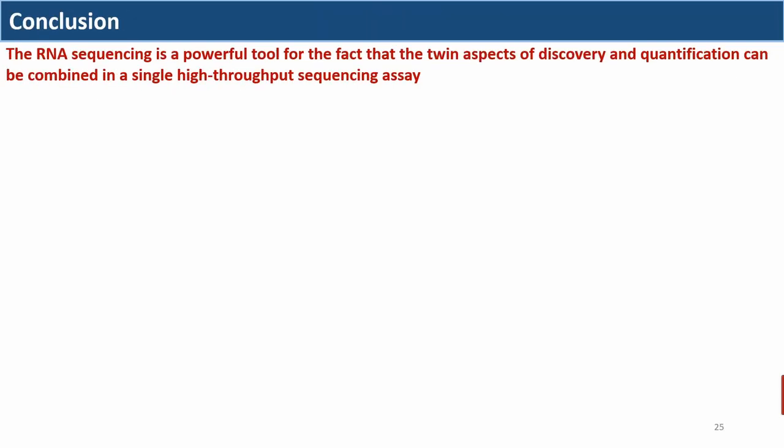To sum everything up, RNA sequencing is a powerful tool because of its twin aspects: discovery, from which we can detect and select genes of interest, and quantification, which usually gives us an idea about the average of the population we are studying in a single high-throughput sequencing assay.